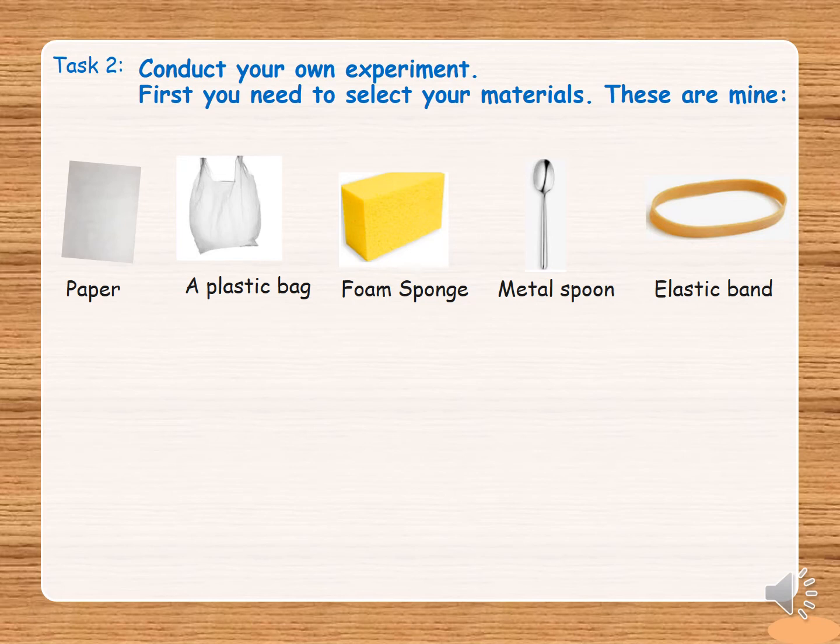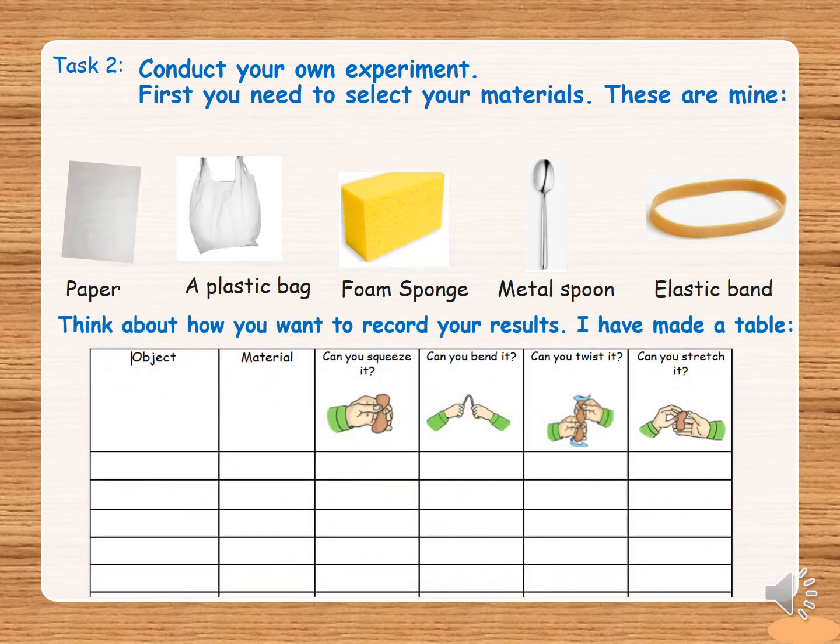Now, we need to think about the ways you want to record your results. You can choose how you want to record your results. It's completely up to you. I have chosen to record my results in a table, but you don't have to if you don't want to. You could voice record and explain using your words what you have found.